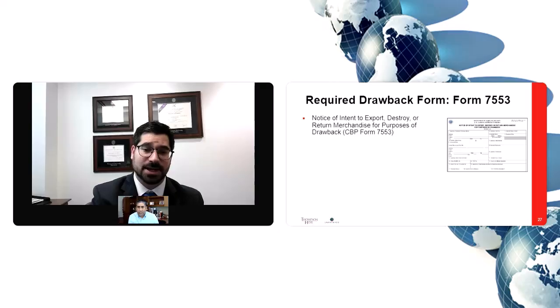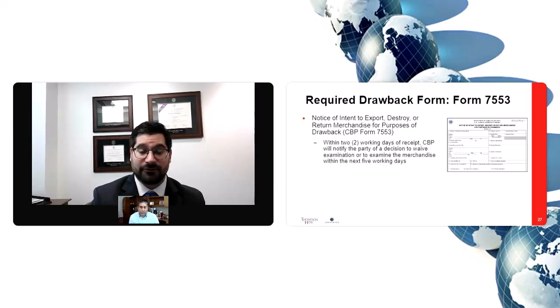What happens is you submit Form 7553 to CBP, and within 2 working days, CBP will notify that party of its decision whether to either waive examination or to examine the merchandise. And if they do so, they'll do so within the next 5 working days. Now, that naturally begs the question, well, when exactly do you need to file your Form 7553?